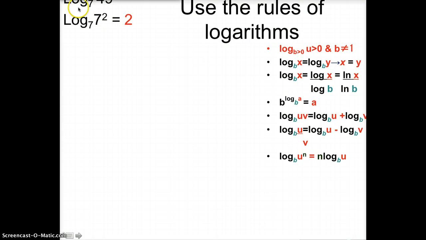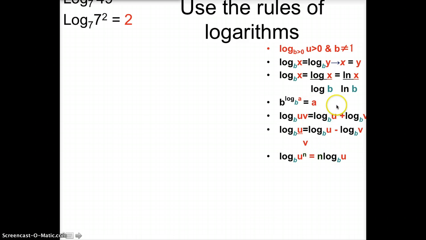So one example of these would be log base 7 of 49. Well, that would be log base 7 of 7 to the 2nd, which equals 2. So 2 would be the solution of that. And I am in this problem referring to the power rule right here.